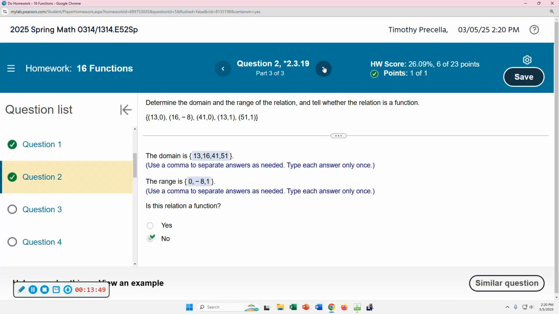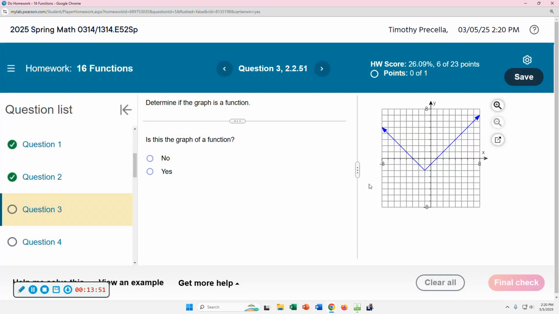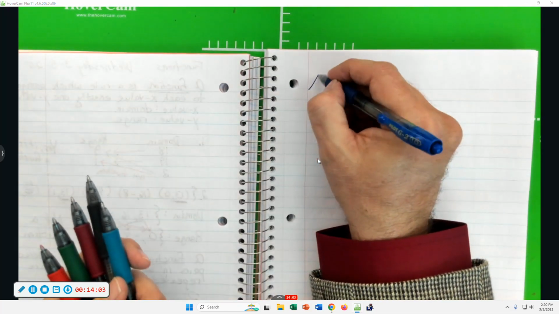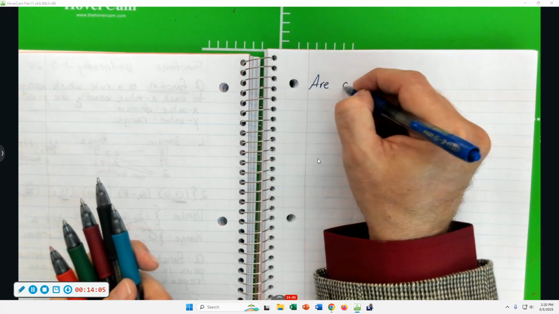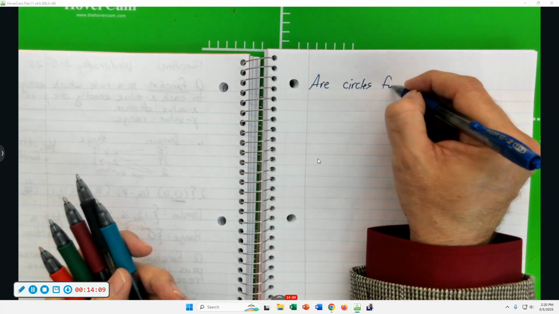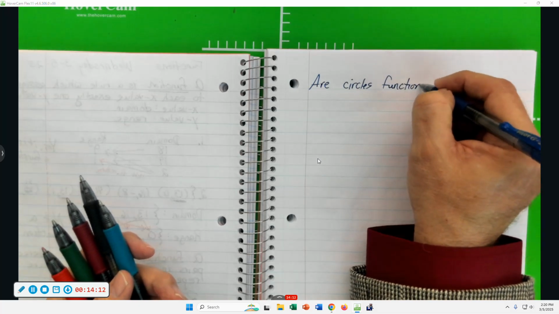Well, we just finished graphing circles on Monday. So while circles are fresh in our mind, let's try to answer this question. Are circles functions?